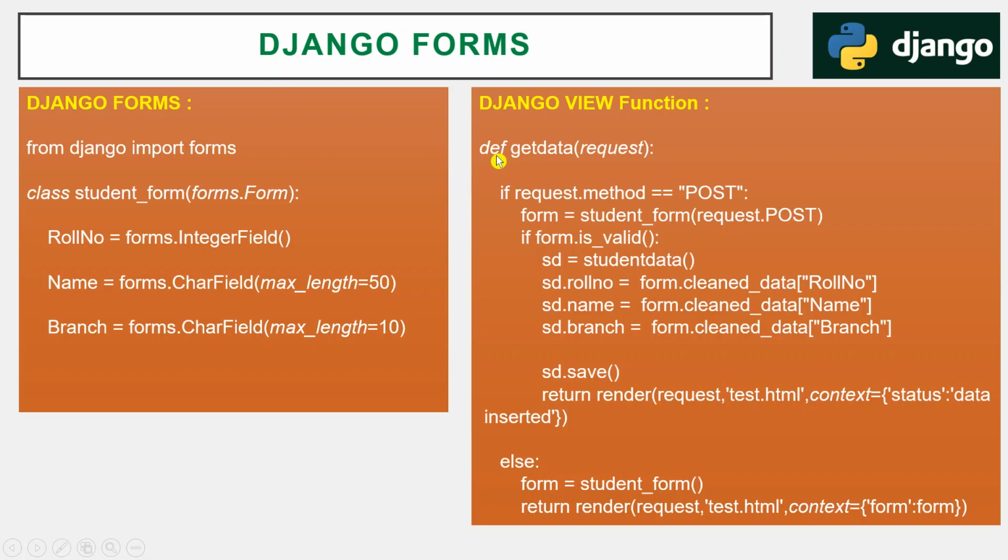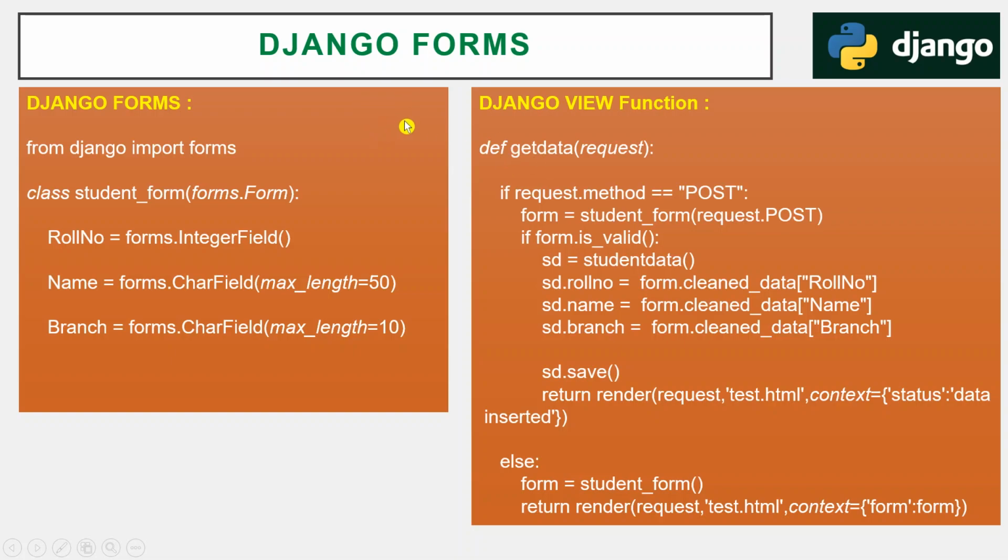So I'm defining one function called get data or some function name, and then I am defining an if else block. First I will explain the else block, then I will come to the if block, in reverse. In that way you can understand.